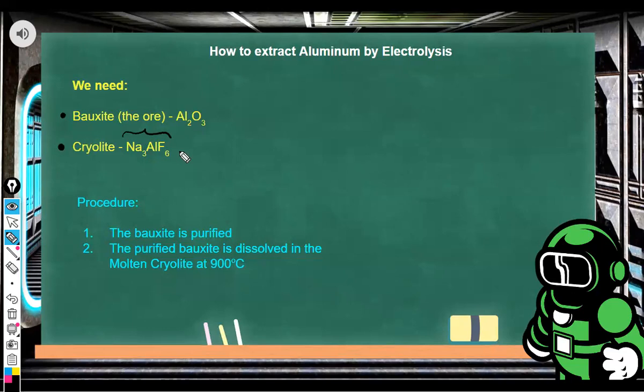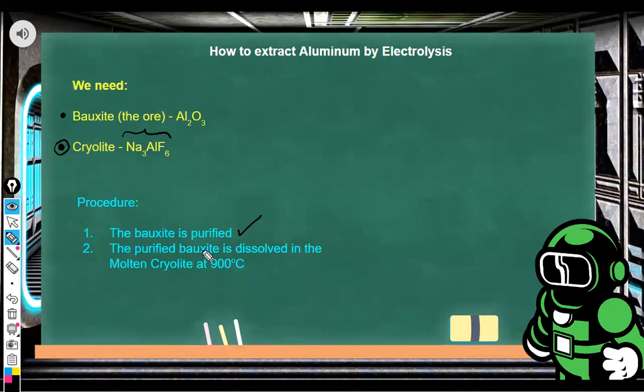Don't get me wrong, you can extract aluminum from bauxite without cryolite. It's just the cryolite will make it easier to do. And the examiner will test you on that. He will ask you, hey, what's the procedure? He will say, well, the bauxite is purified. That means they wash it down and clean it as much as possible, right?